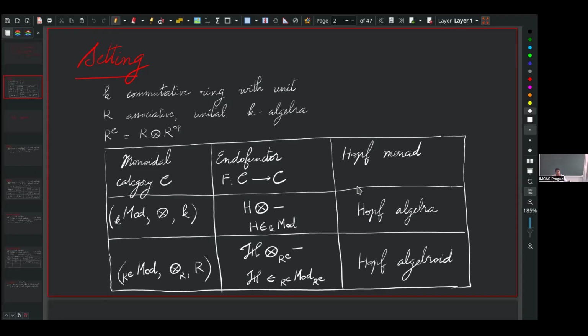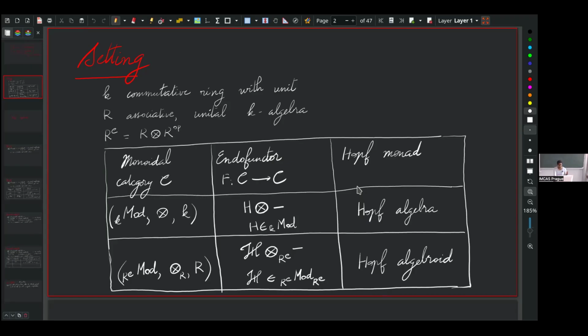But afterwards, when people see the definition, they are confused as to why it is so much more complicated than the definition of Hopf algebras. So today I will use a categorical framework of Hopf monads to somehow give an insight as to where the complexity comes from.